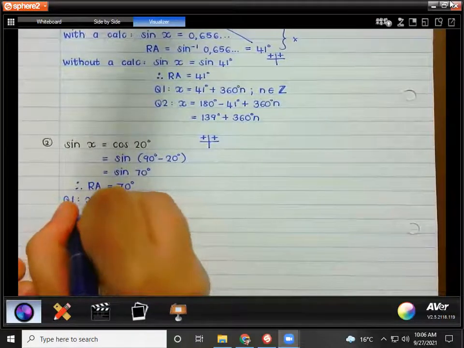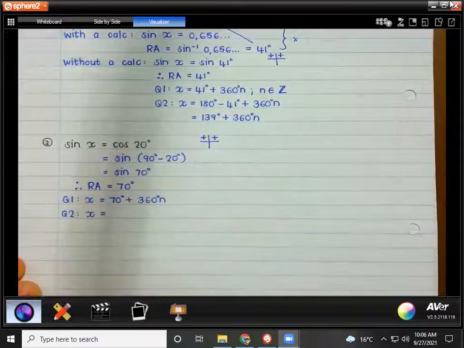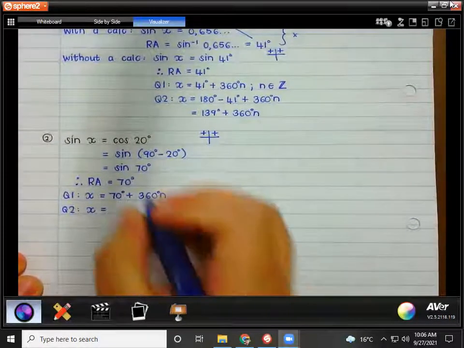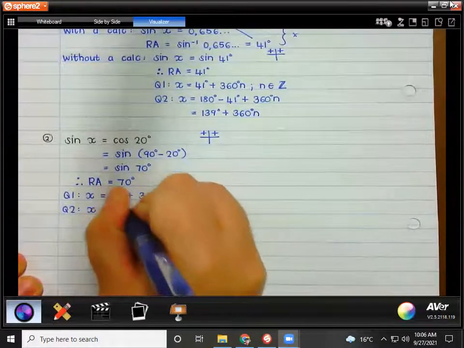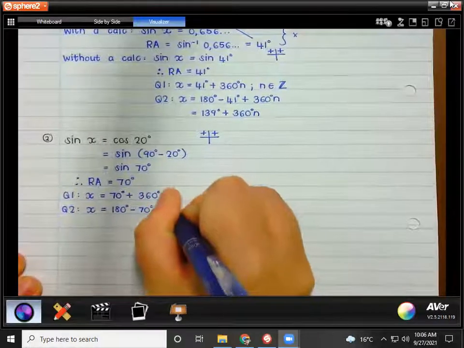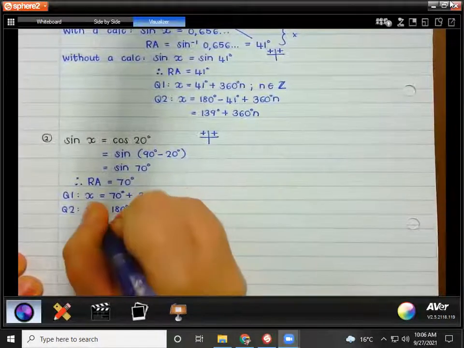Quadrant 2 solution, x is equal to 180 minus 70 plus 360n, or you can just write 110 straight away if you want.